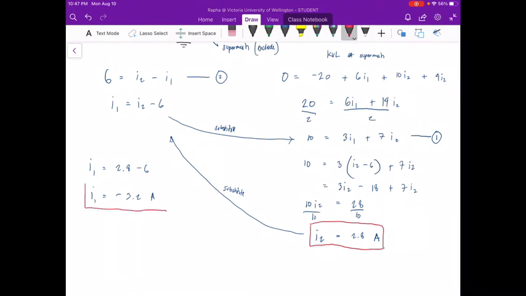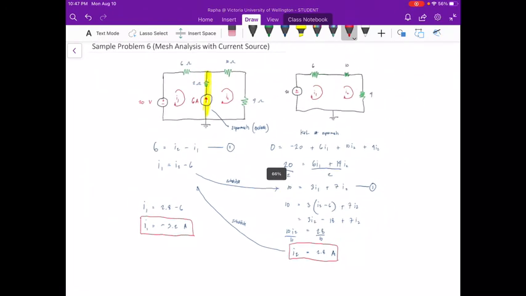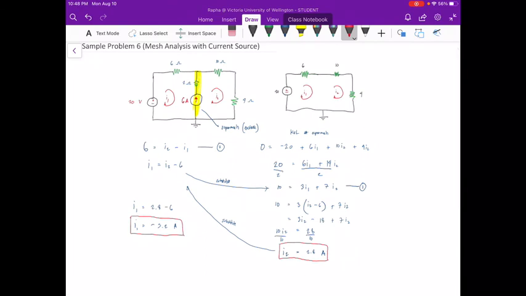So that's our current at mesh I1. So we have our two mesh currents already solved, and as you can see, it is pretty straightforward. The solution is a lot shorter than a regular mesh analysis method, so it does indeed make our work quite easier.